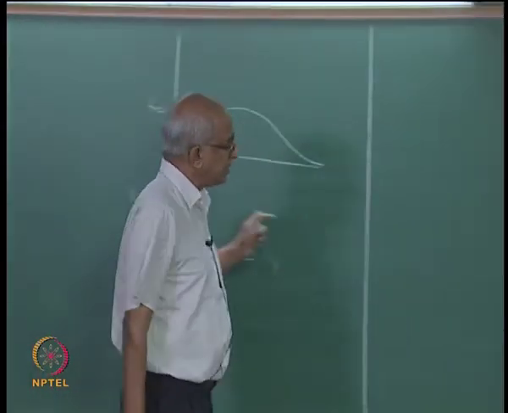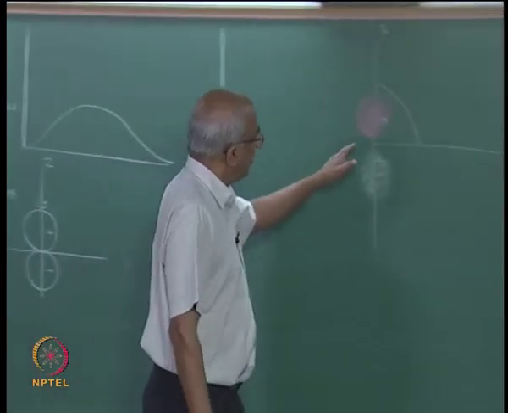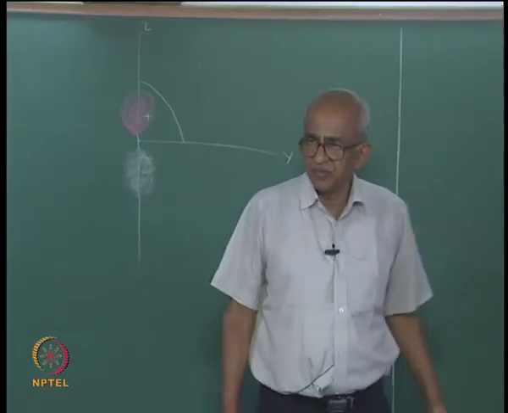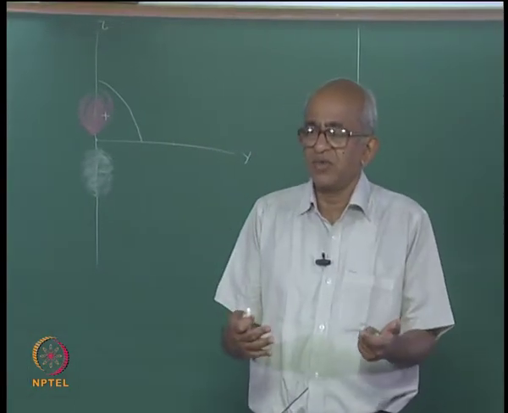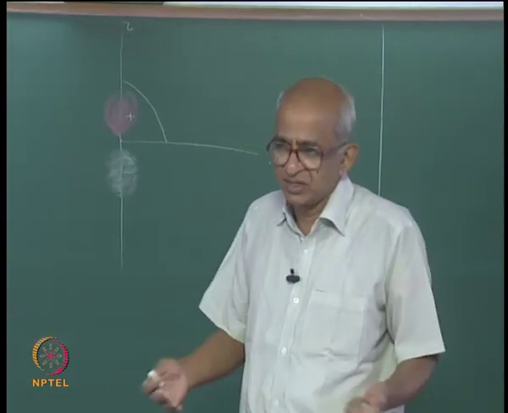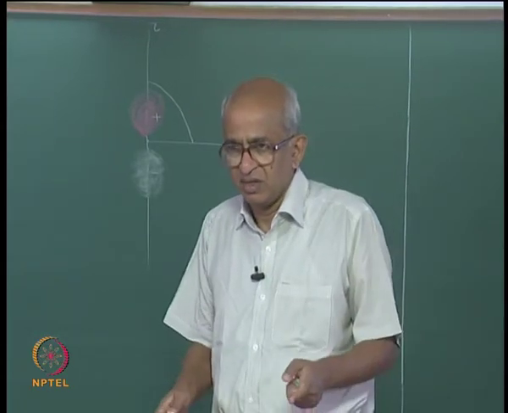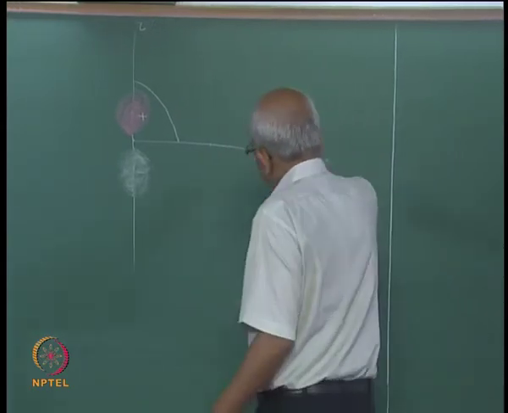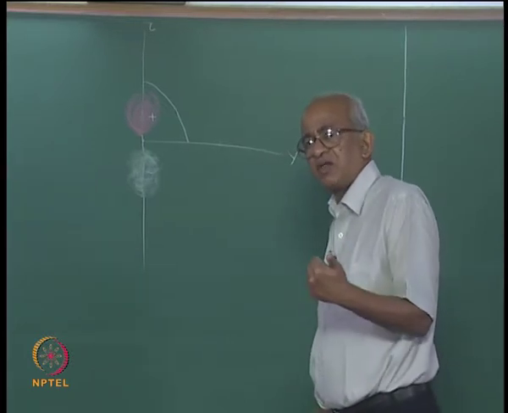So, if you think of any point along the y axis, theta is 90 degrees, and therefore cosine of 90 degrees is equal to 0. So, anywhere on the y axis the function is 0.